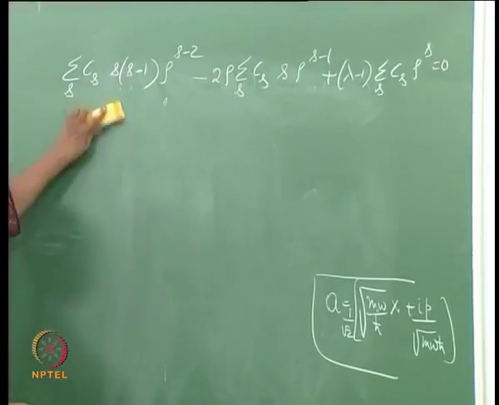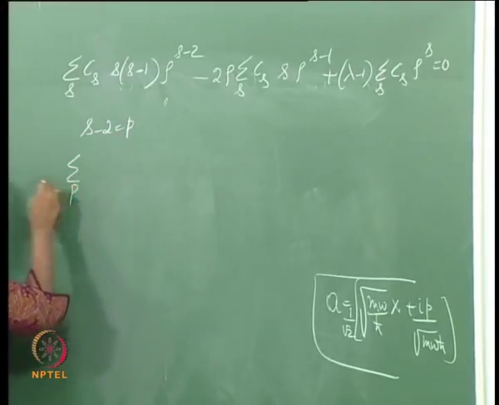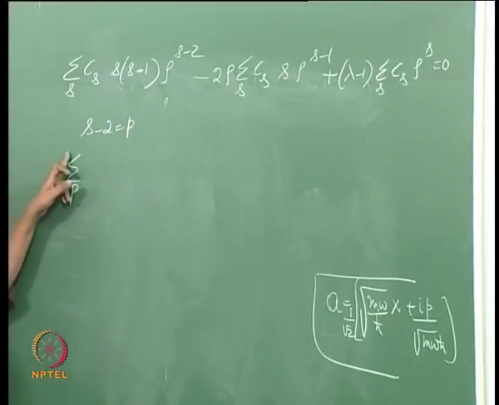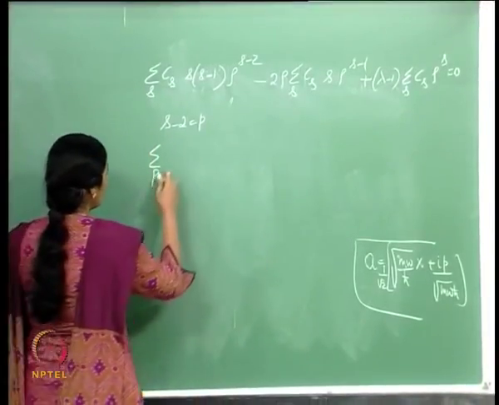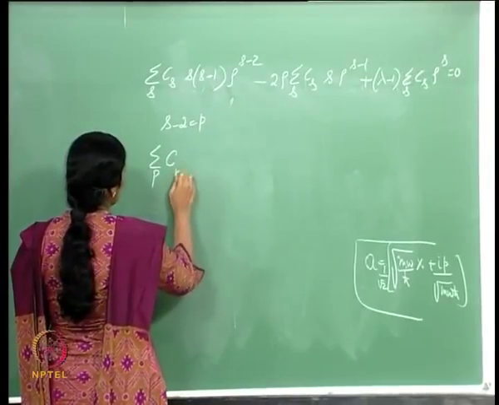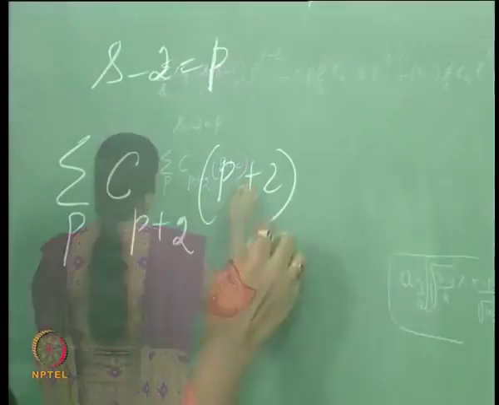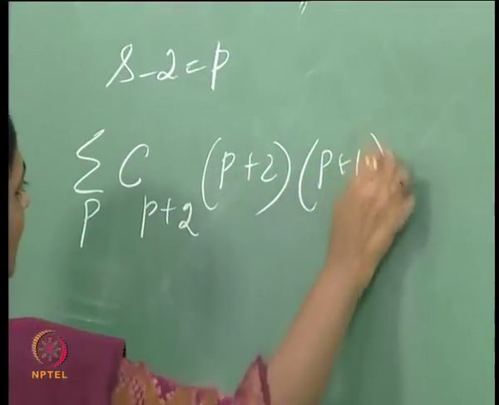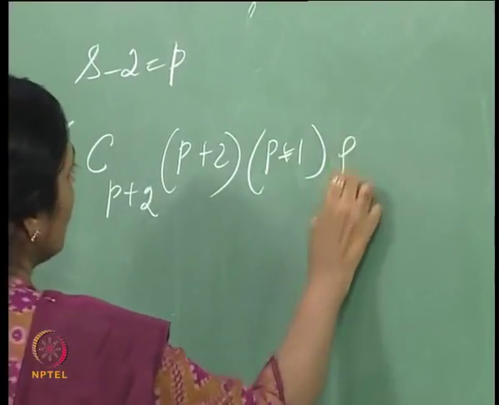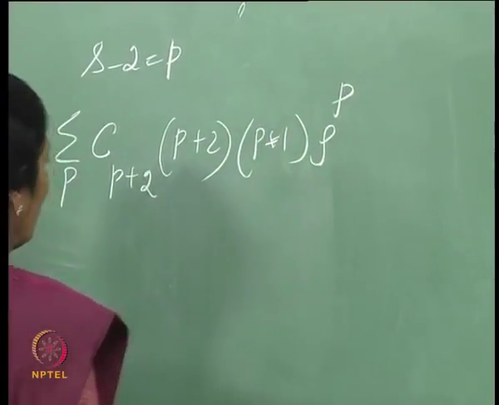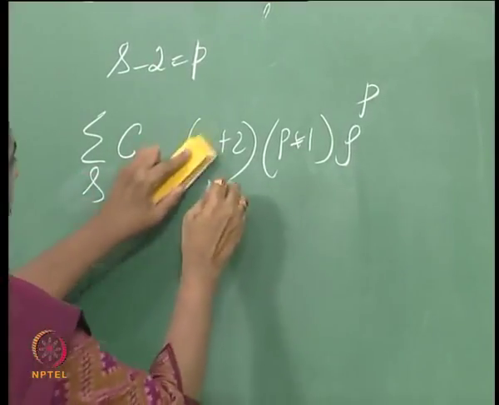For that, let me redo the first term, calling s minus 2 as p. So it is a summation over p, a suitable summation. I am only interested in the asymptotic value. So when s goes to infinity, p also goes all the way to infinity. So s is p plus 2, and s minus 1 is p plus 1. Rho to the power of p, that is the first term, and I can go back to calling p as s because that is summed over, that is just a dummy index.